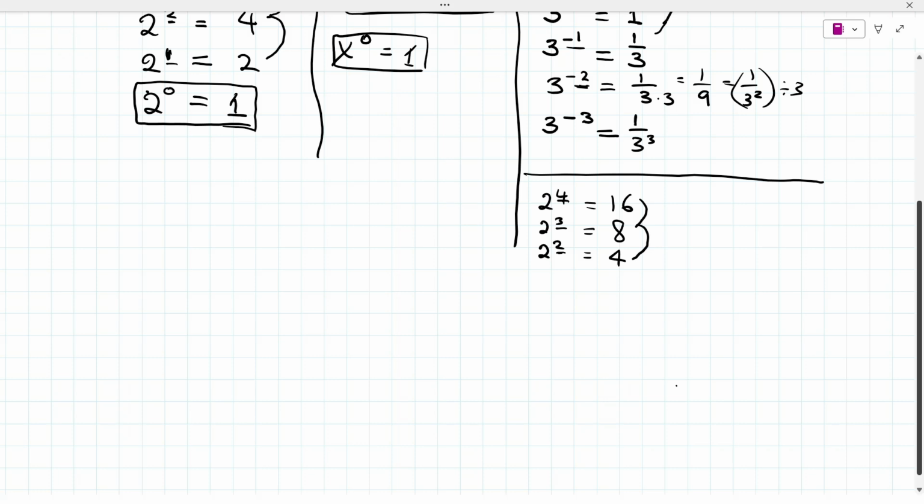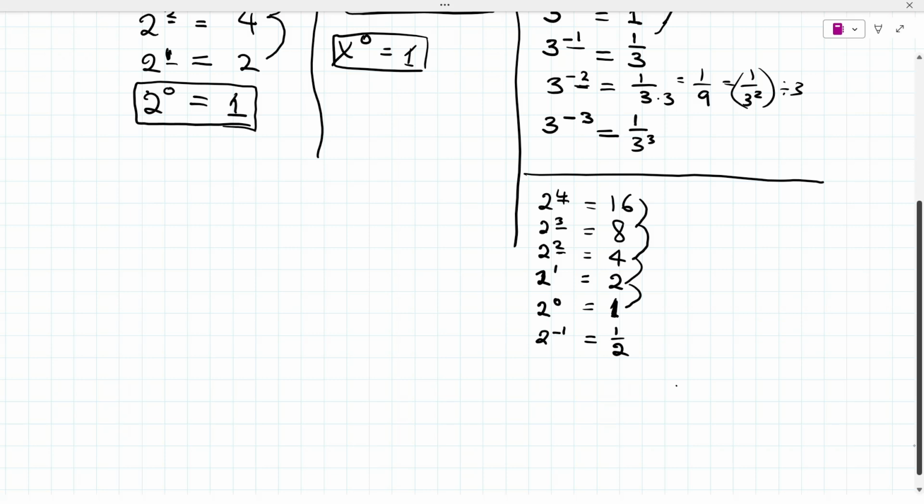If we reduce the power again by 1, we would have 2 to the power 1, which will be 2. And if we reduce the exponent by 1 again, it would be 2 to the power 0. On this side, we still divide by 2, and the answer here would be 1. If we reduce the exponent by 1, we would end up with 2 to the power negative 1, which is the same as 1 divided by 2, or 1/2.